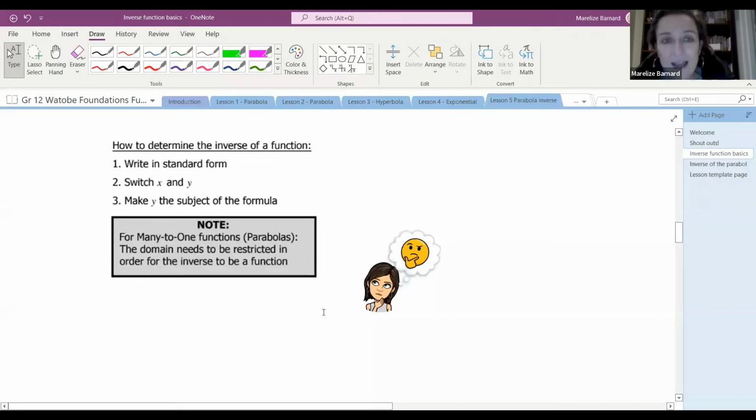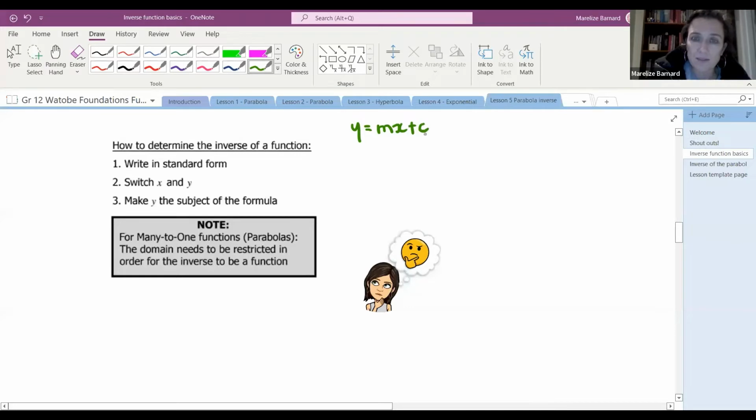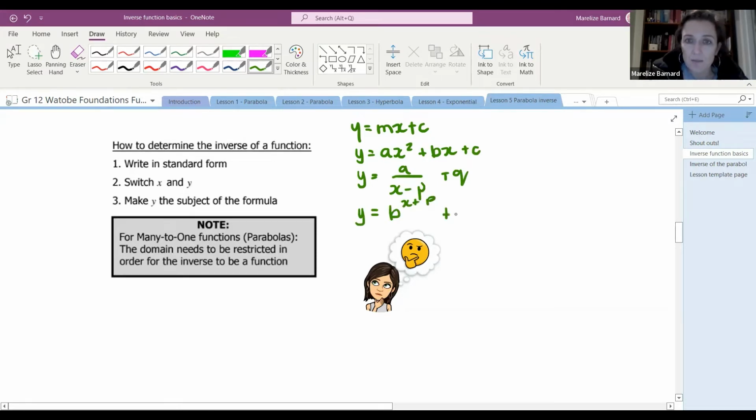Now when we look at actual inverse functions, how do we determine the inverse of a function? So far in this course and in grade 12, you must be able to do the straight line, y equals mx plus c, the parabola, y equals ax squared plus bx plus c, the hyperbola, a over x minus p plus q, and the exponential, b to the power of x plus p plus q.